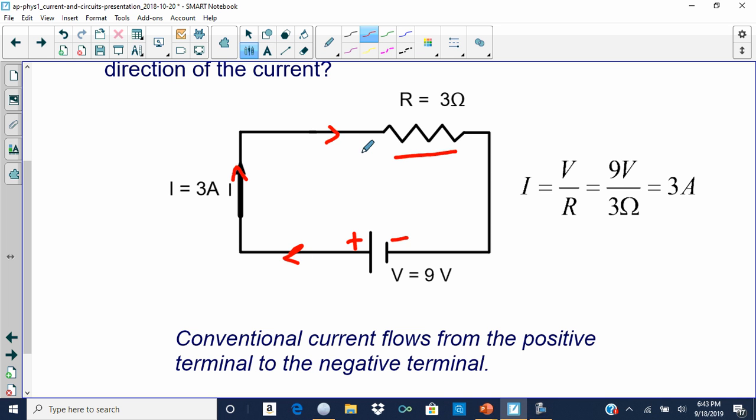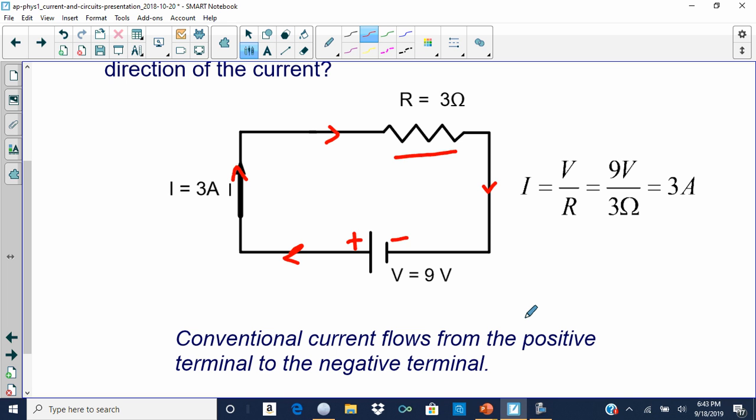okay. And in order to determine what that current is, we're going to use Ohm's law. So now, some people may say to you, well, the current flows from the negative to the positive terminal. And that really is true. The electrons themselves actually move from the negative terminal to the positive terminal because the electrons are what moves. But when Benjamin Franklin discovered electricity, they thought that the positive charges were what moved.